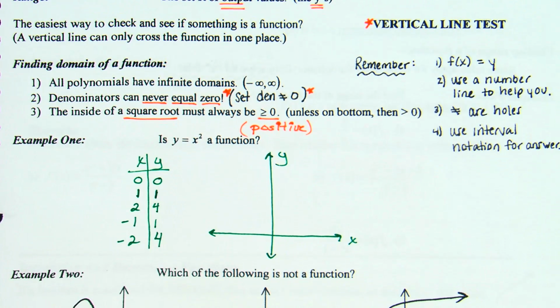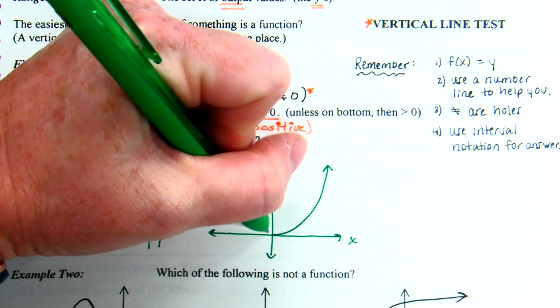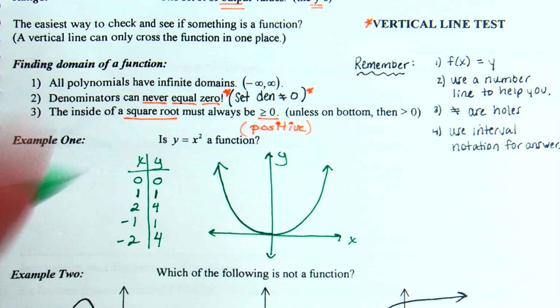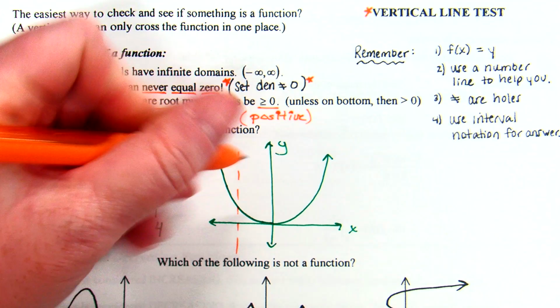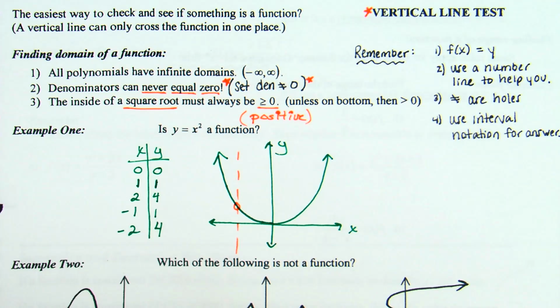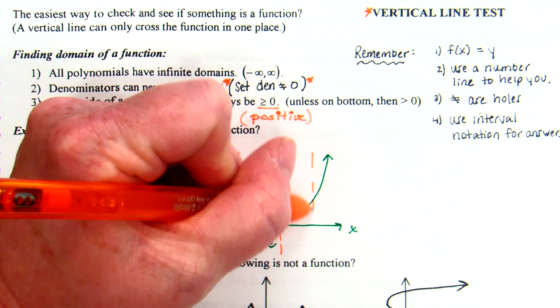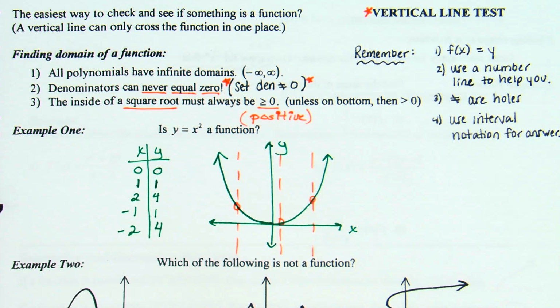Now, if you graph this, I'm not going to take my time to graph the actual points, but you could, right? You get a parabola that looks like such. And several of you already cited that, hey, it passes a vertical line test. For instance, I drew a vertical line. It only crossed the parabola once. I draw a vertical line. It crosses once. I draw a vertical line. Those are all, I'm showing the vertical line test there.